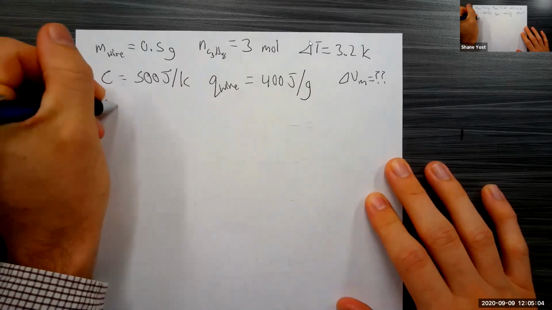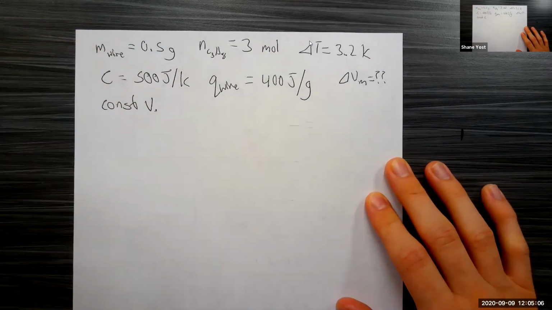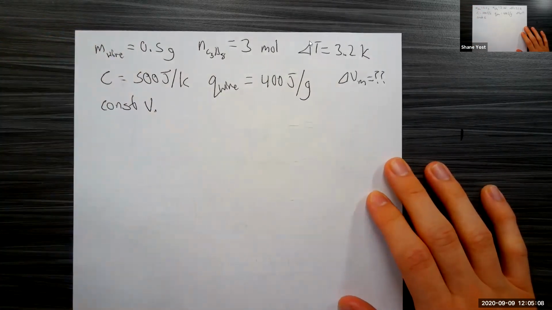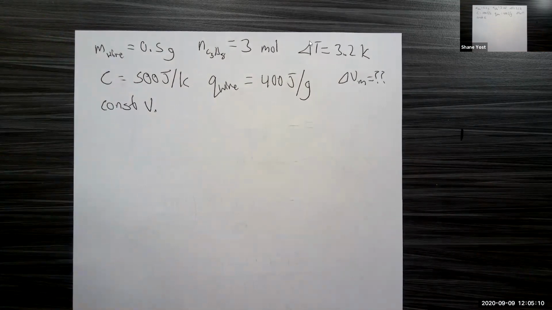And we know this is at constant volume, so we know this calorimeter is burning this stuff at constant volume, okay? And I have the mass of my wire and other things like that given, temperature changes and such. The question is, what is the molar internal energy change of combustion of my C3H8? Okay.